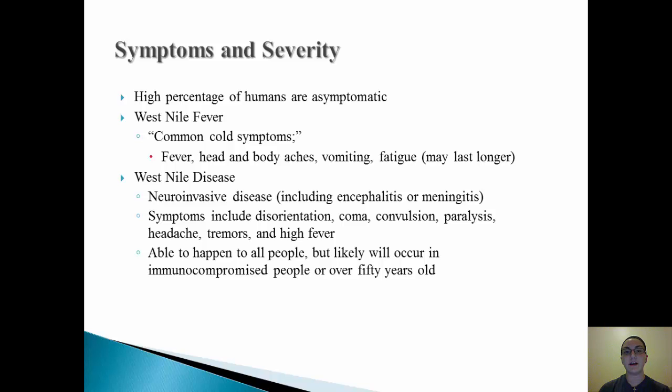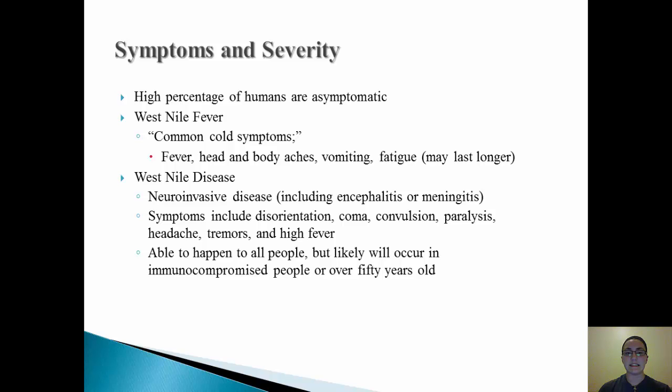The West Nile fever has symptoms correlating with the common cold, such as a medium-high fever, head and body aches, joint pains, nausea and vomiting, fatigue and tiredness, and this fatigue and tiredness actually can last up to a couple weeks or months after the person is cured.